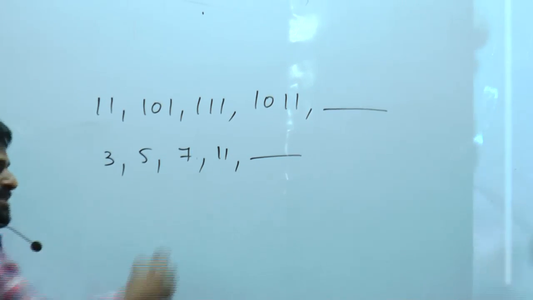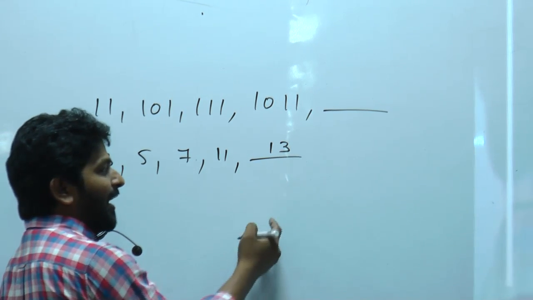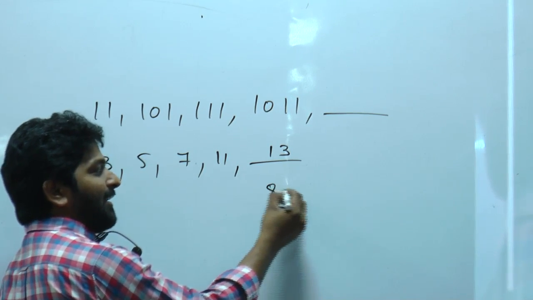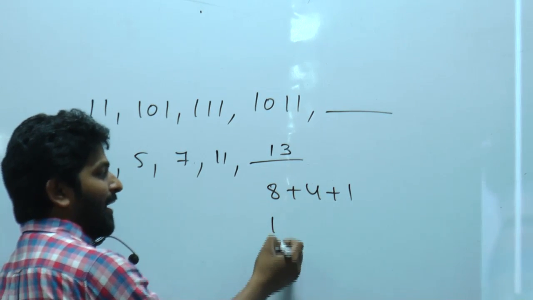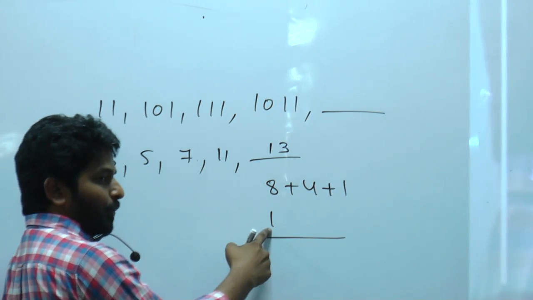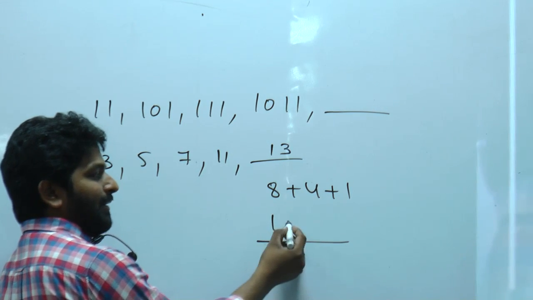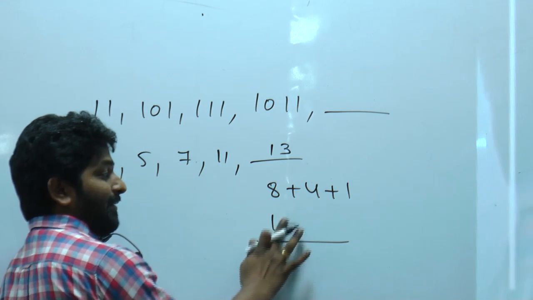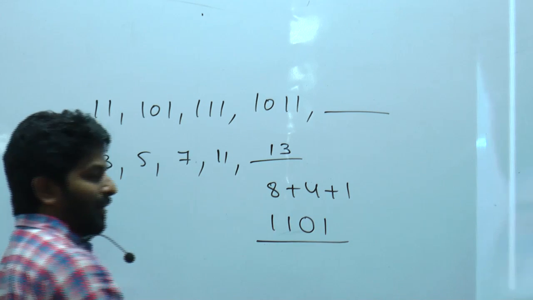Next number. What are these numbers? Prime numbers. Next prime, 13. You can write it as 8 plus 4 plus 1. Correct? This is the place value of 2 cube, 2 square, 2 to the power of 1, 2 power 0. 8, 8 plus 4, 0, 1. 1101. Binary.